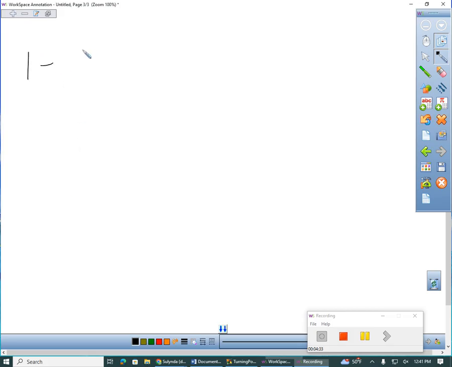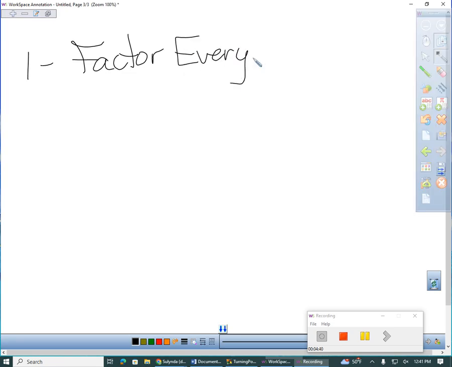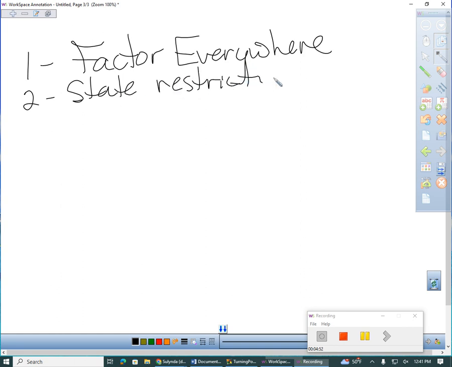Step 1, I want you to factor everywhere. Step 2, I want you to state restrictions. Step 3, I want you to find the common denominator.